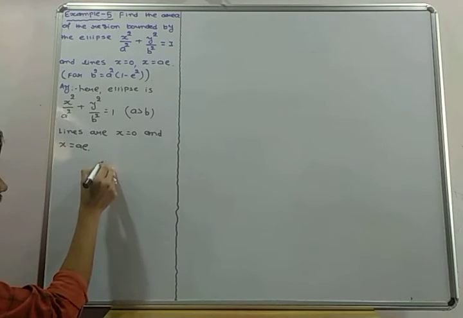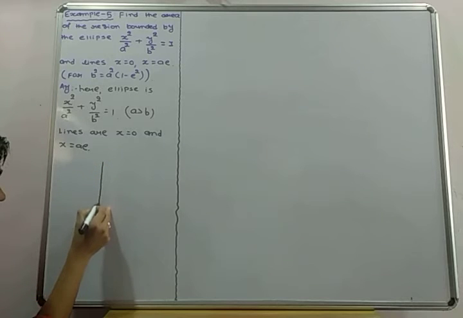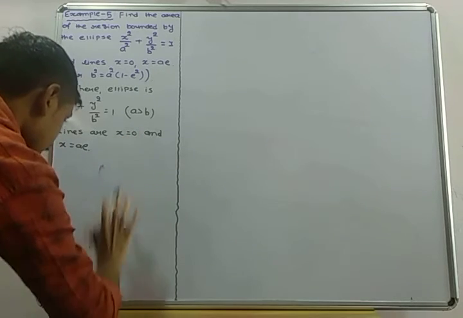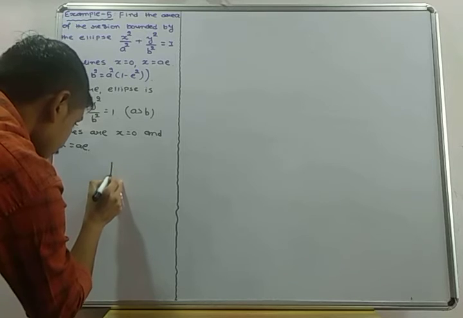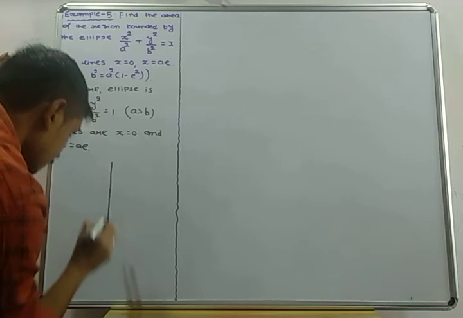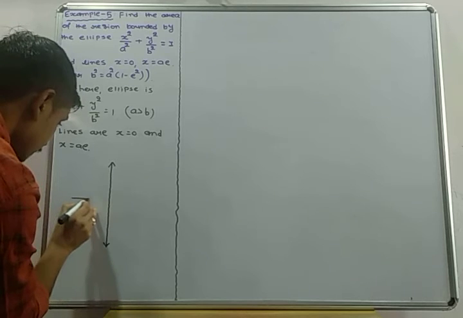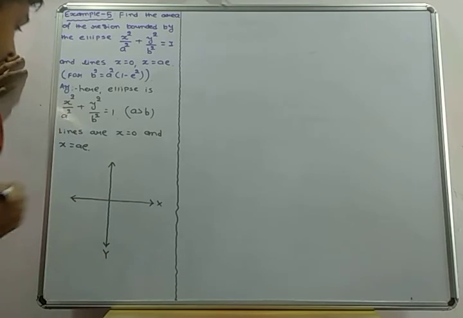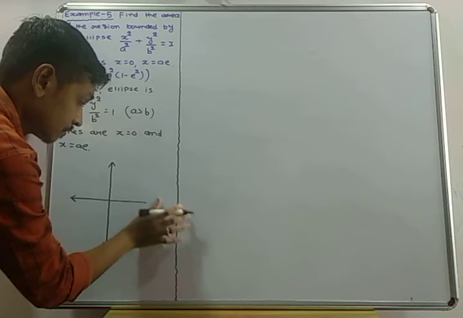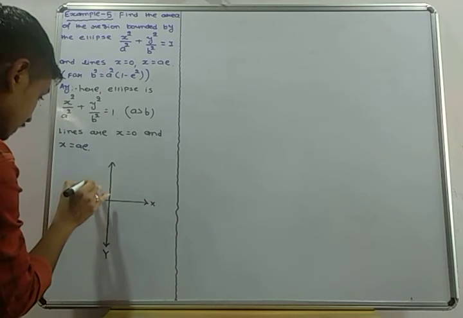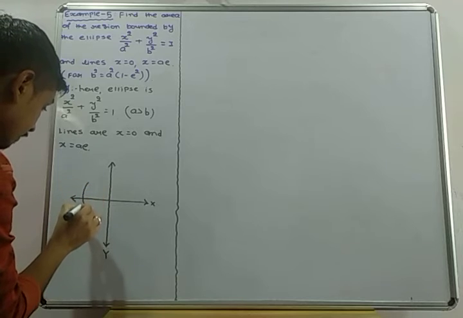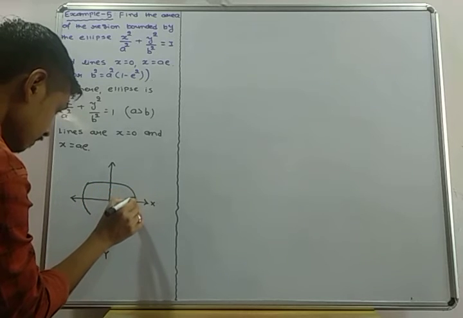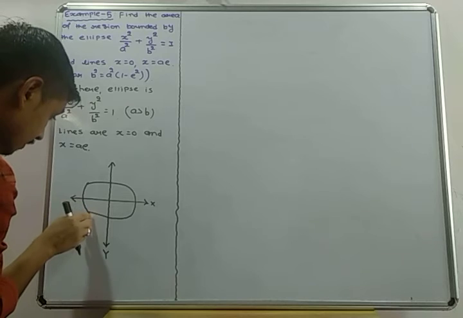Okay, now making the diagram. Horizontal diagram. So this is our ellipse.